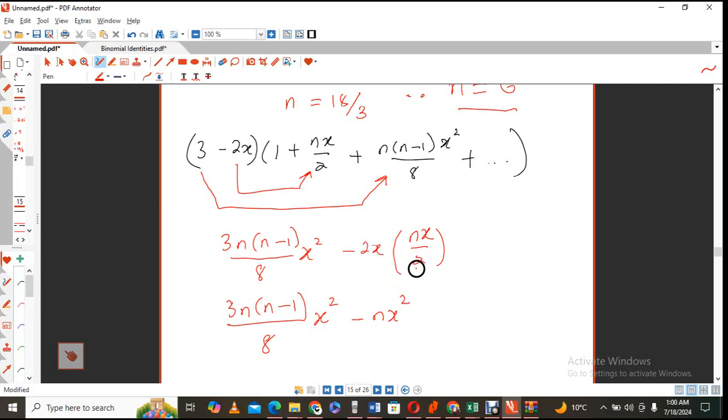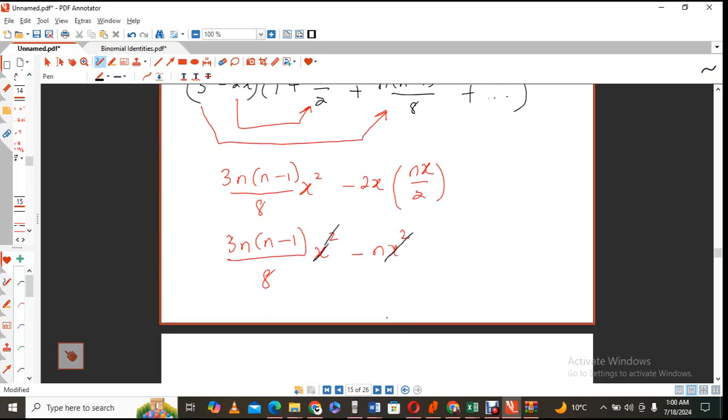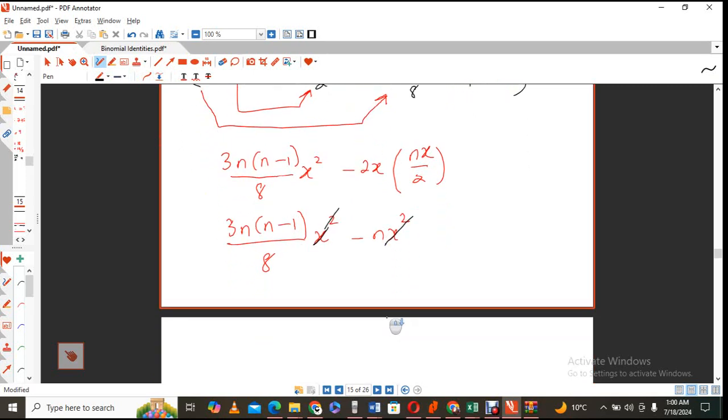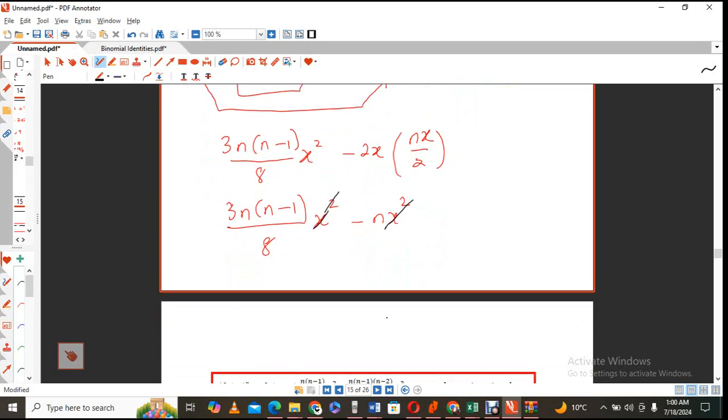Dropping the x squared now, I can find the coefficient of x squared. I'm just going to write it all the way out there.